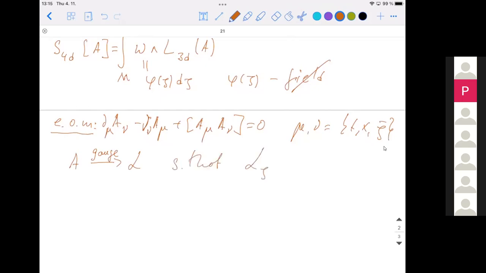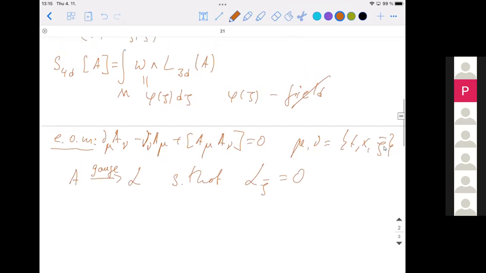Can I ask? How is this the equation of motion if phi is not a field? Or how did you get this equation of motion? This equation of motion is for the 3-dimensional part, I think.